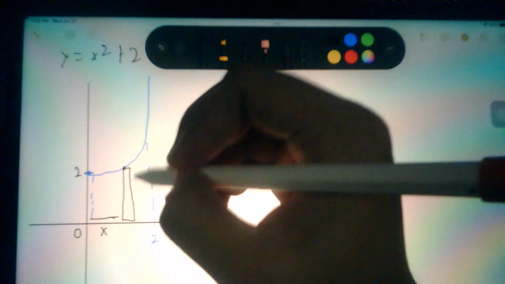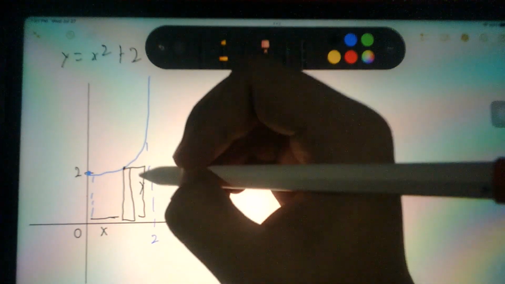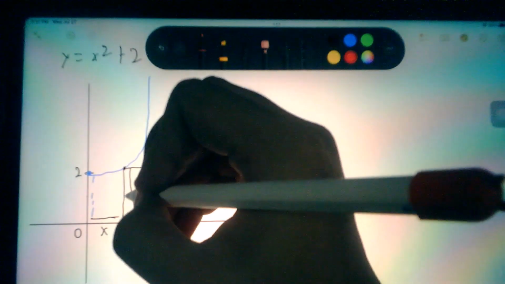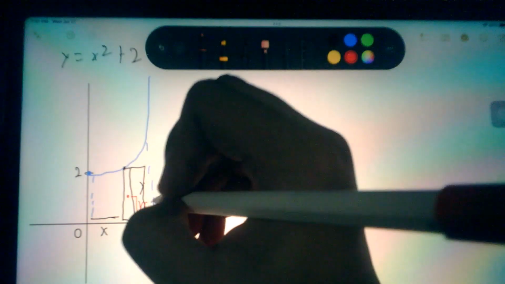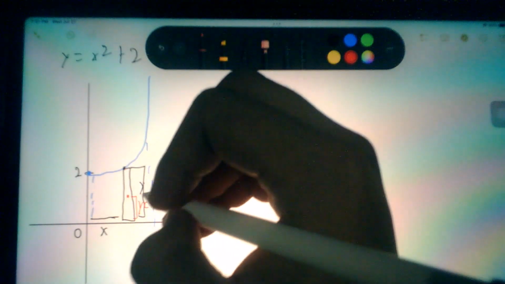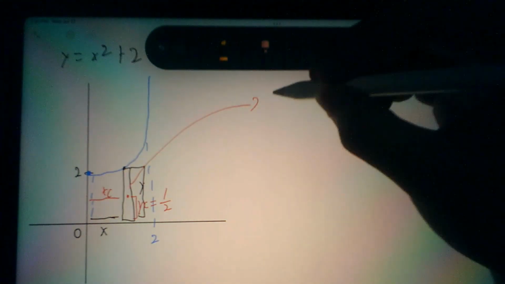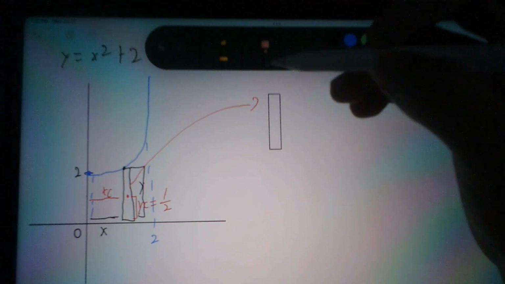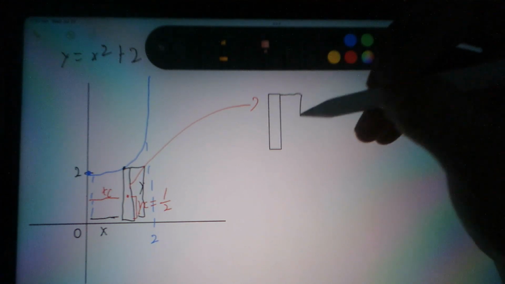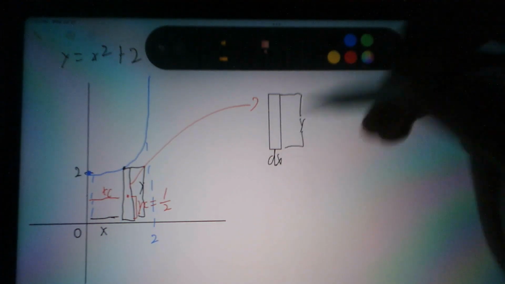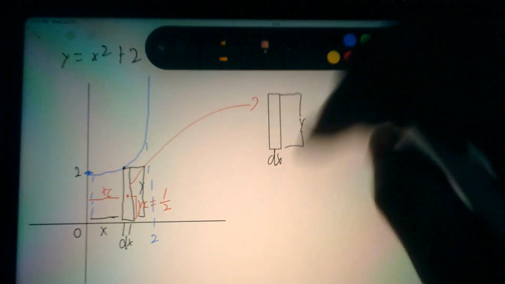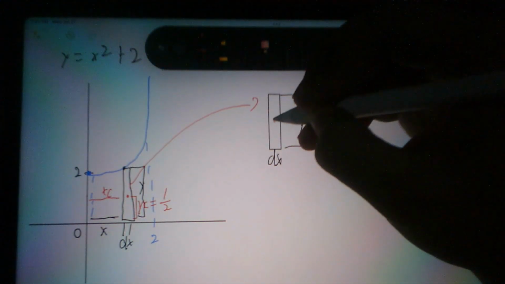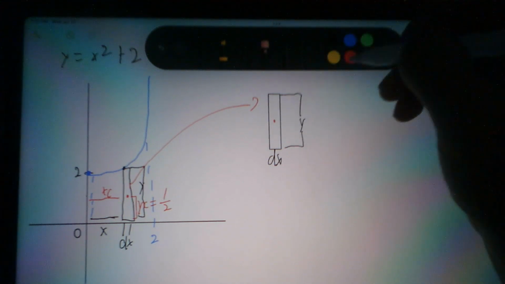This is x, and the height of this vertical strip is just y. This is our center, called yc, which is 1/2 of y, and this is xc. If we move this here, this becomes our vertical strip. This is y, and this is dx. I forgot to put dx here, because dx is just the thickness of our vertical strip. Our center here is our centroid, called yc.